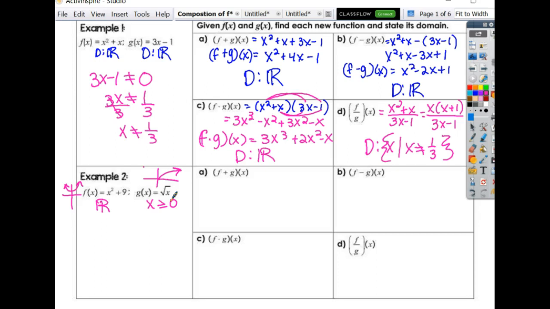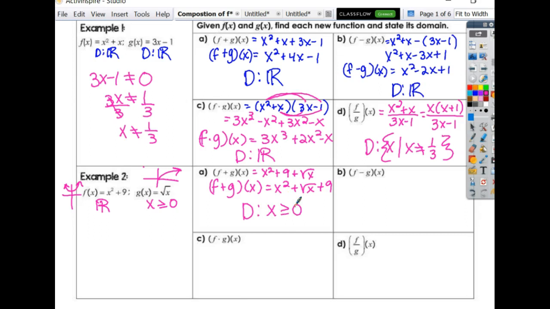Does that make sense? So when I add the two together, I'm going to get x squared plus 9 plus the square root of x. And I'm just going to write the x's first. And so this one we do restrict the domain. This is going to be x greater than or equal to 0.